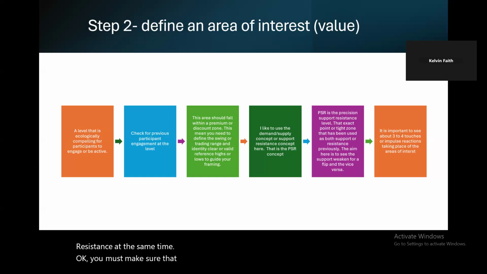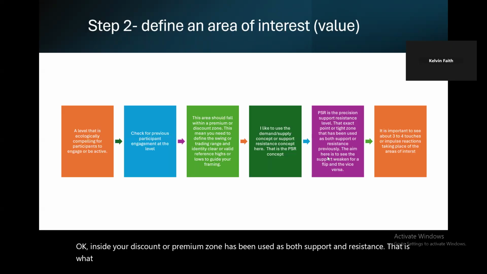You have to make sure that the PSR you are marking inside your discount or premium zone has been used as both support and resistance. That is what makes that level or that price very strong.